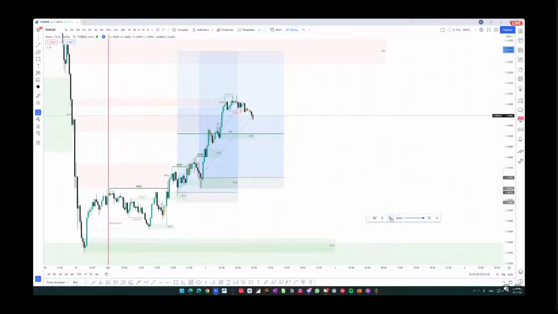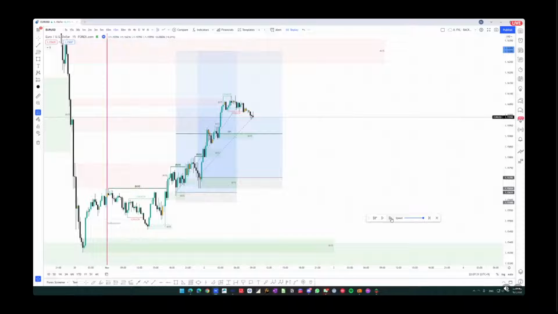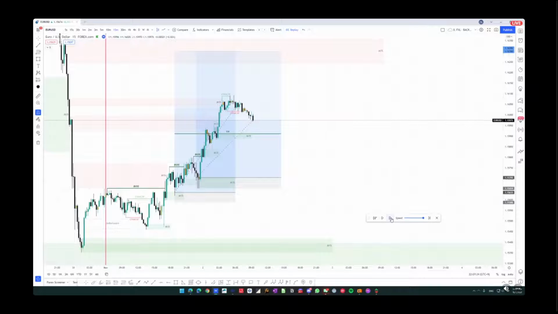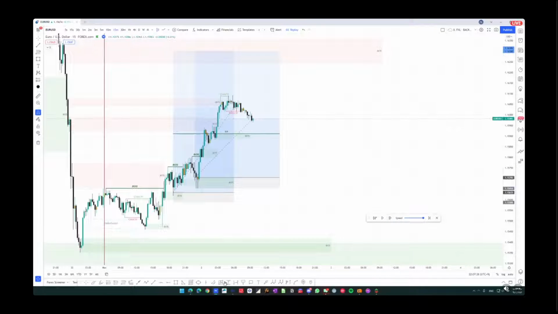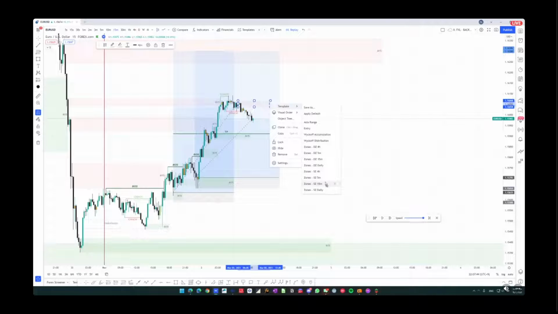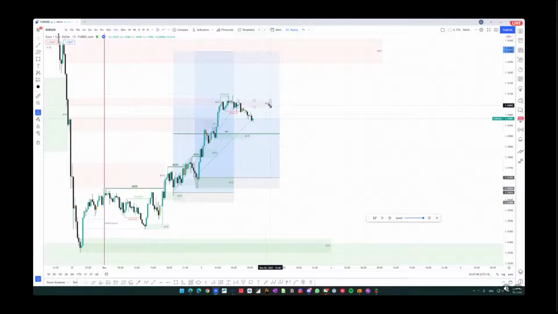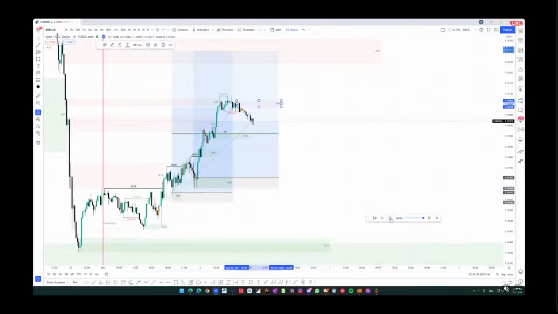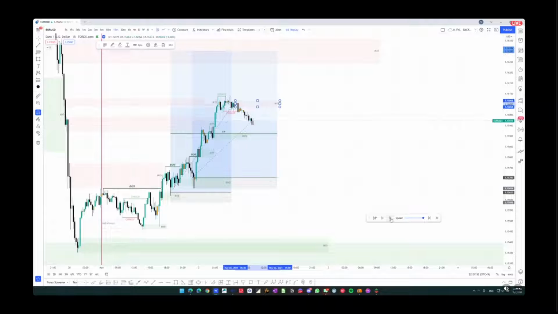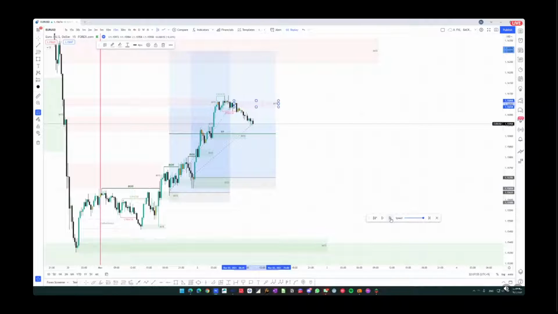Uh-oh. We should probably mark the newly created supply zone so that we know the interaction. Can we see here? Okay, it looks like it's going to come down.